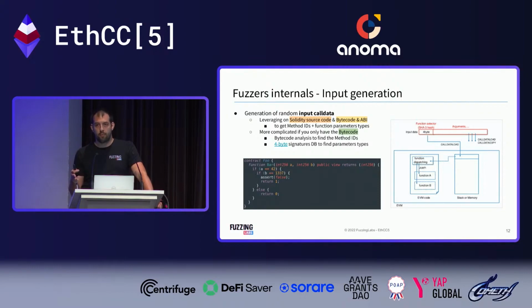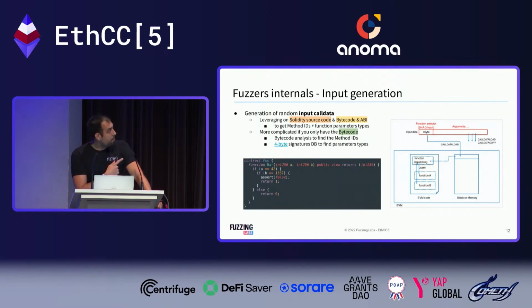But even if you only have the bytecode, which is the case if you are doing blackbox fuzzing, you can still leverage that and learn directly from the bytecode. Typically, you take a look at the 4-byte function ID, the method ID, directly inside the bytecode, and first of all you will be able to find the method ID, and you can also use some reverse database to find out the parameters.